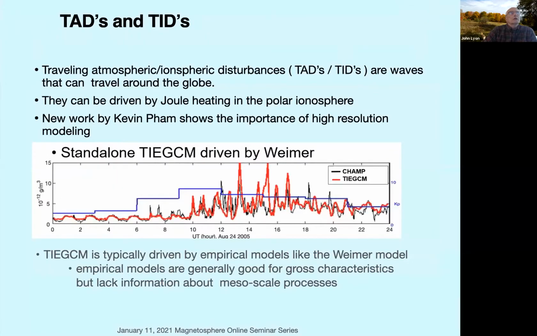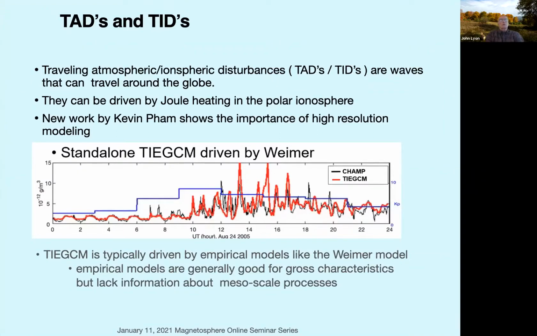One of the things that I'd like to just touch on is work that Kevin Pham has been doing with traveling atmospheric and ionospheric disturbances. These are waves that can travel around the globe, driven by Joule heating in the polar ionosphere.